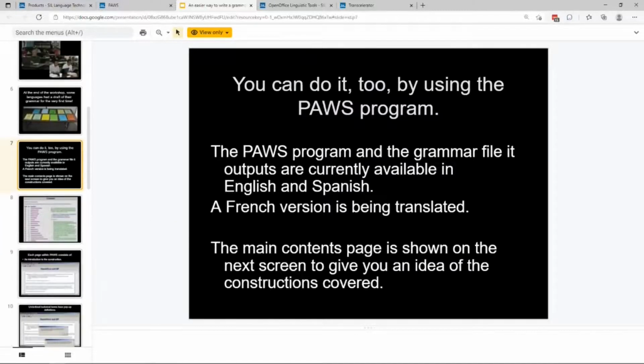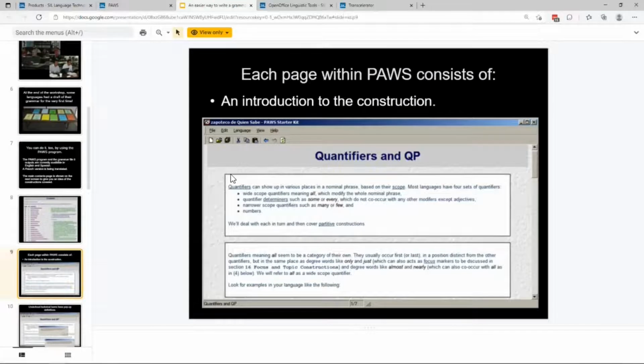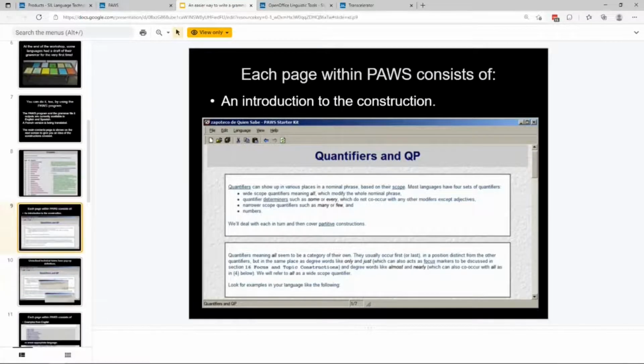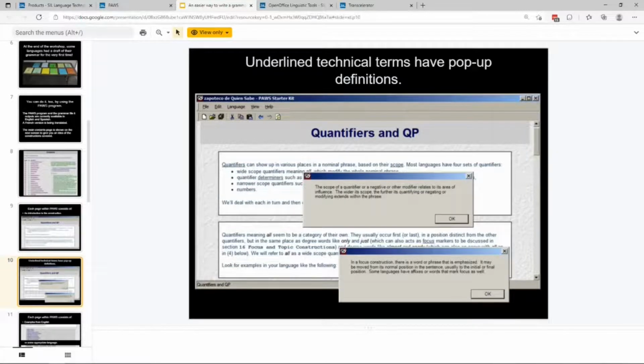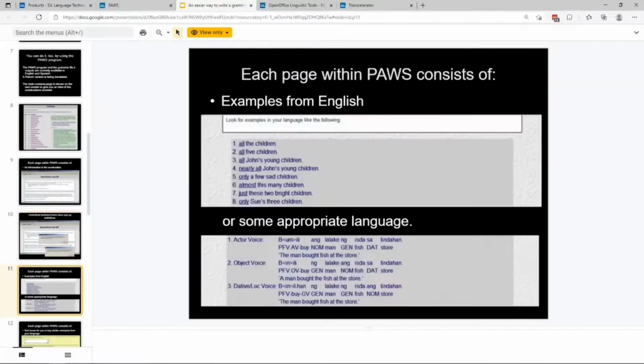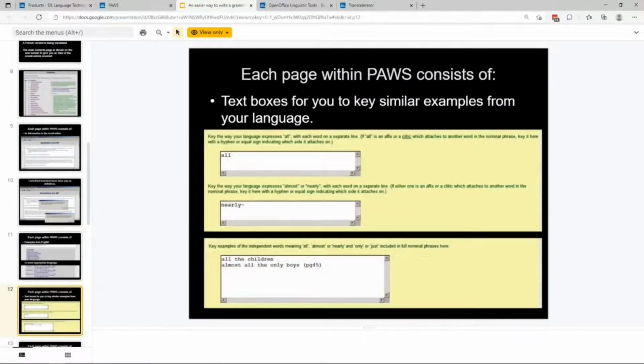Each page consists of an introduction to the construction, underlying technical terms as pop-ups, and examples in English, and then you fill them out as you go.